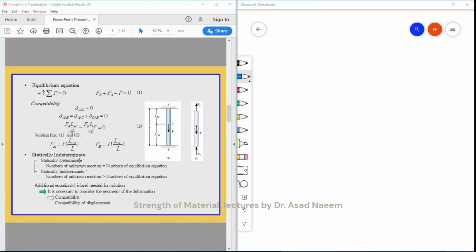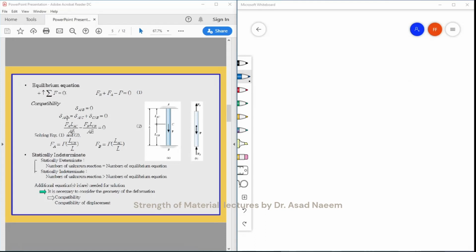Okay, so now if we have this kind of indeterminate structure, one equation will be from the equilibrium equation. The second equation we can create by even assuming, because there can be no displacement, as it is fixed at both positions, so delta AB will be equal to 0. So delta AB is equal to delta AC plus delta CB, whatever deformation there is, that will be equal to 0.